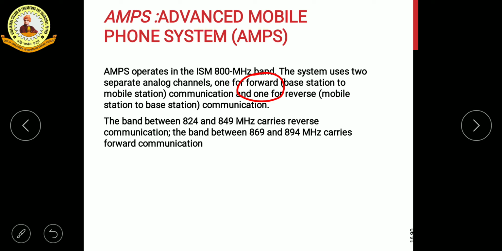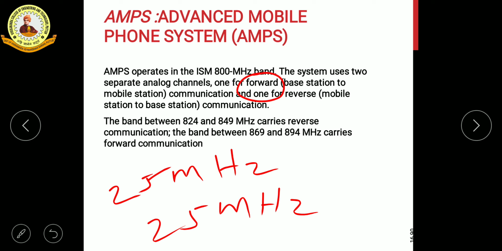A band between 824 and 849 megahertz carries reverse communication. What is the difference? 849 minus 824, how much is it? 25 megahertz. So 25 megahertz is there for reverse transmission, and the band between 869 and 894, what is it? Again 25 megahertz, for forward transmission.